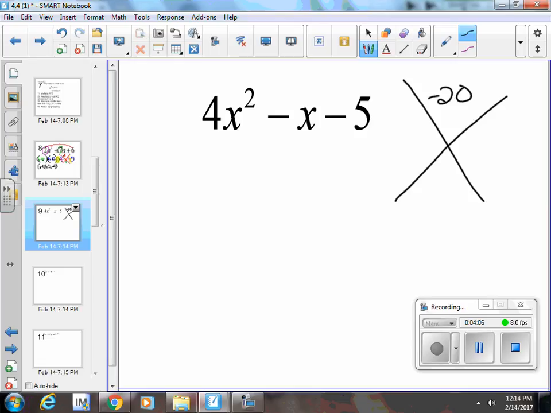I need factors of negative 20 whose sum is negative 1. So remember that we're going to be subtracting because we've got a negative 20. So my magic numbers are 5 and 4.